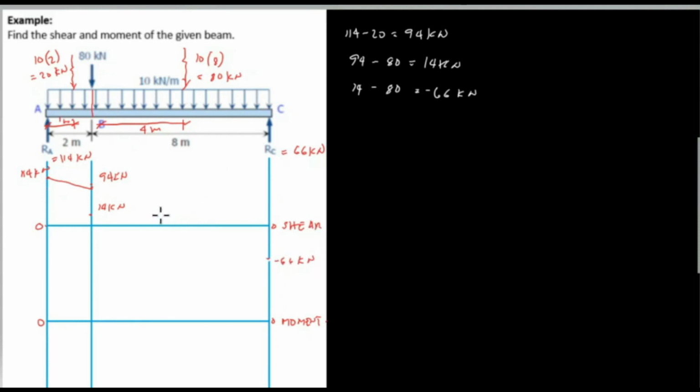We connect the points from B to C, from 14 kilonewtons to negative 66. So we form a line.